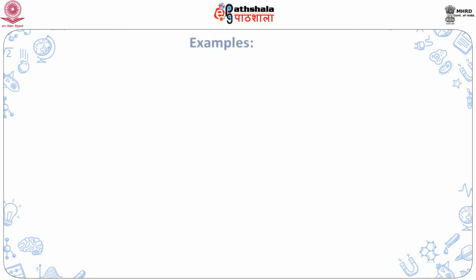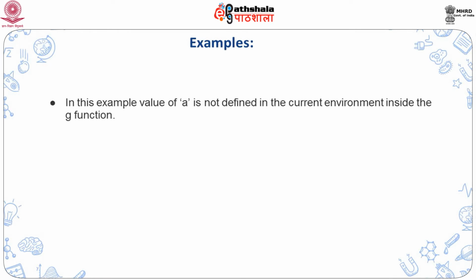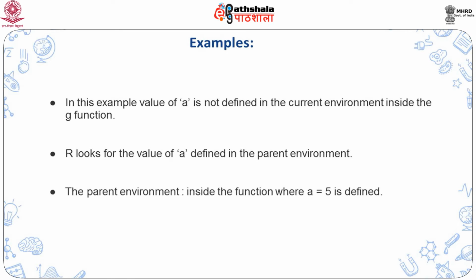In the previous example, the value of a is not defined in the current environment inside the g function. So, R looks for the value of a defined in the parent environment. The parent environment here is the place inside the function where a is equal to 5 is defined.